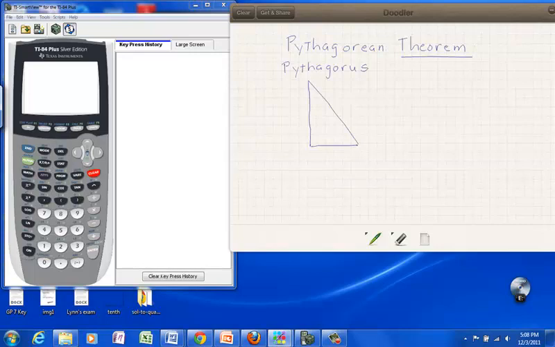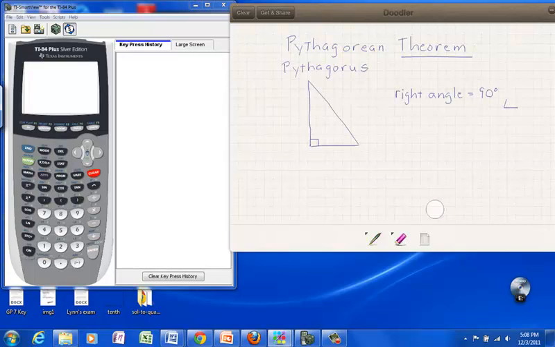A right triangle is a triangle where one of the angles is a right angle. A right angle equals 90 degrees, and it looks like the corner of a box.